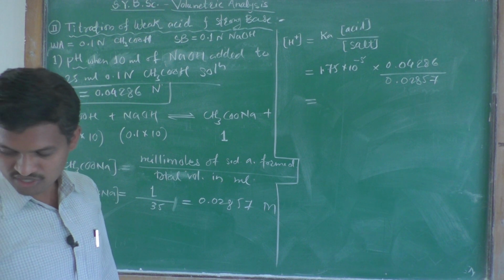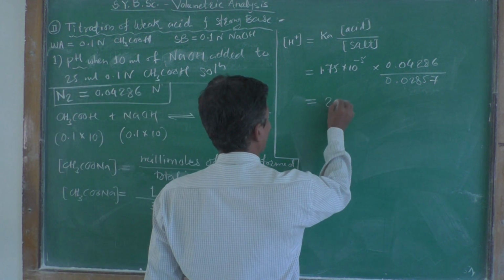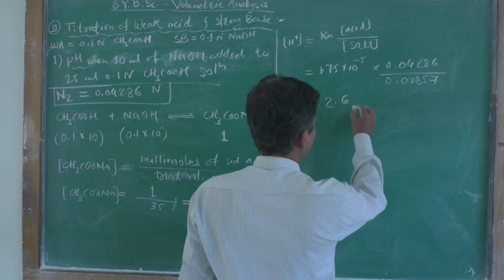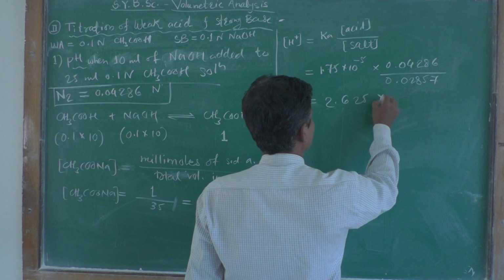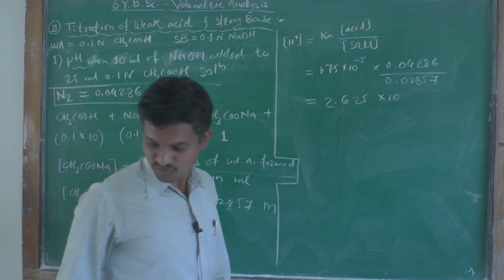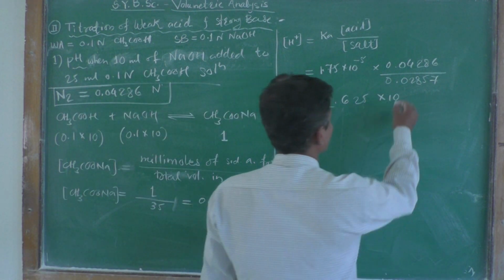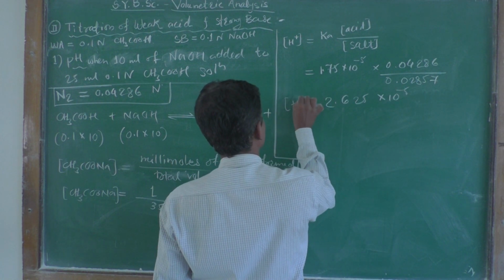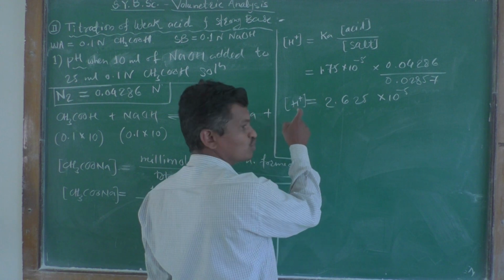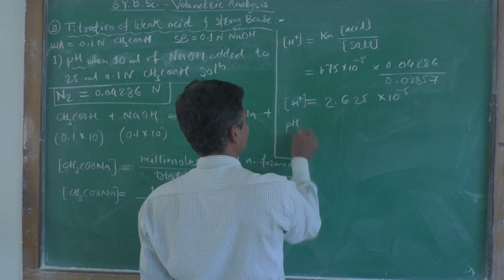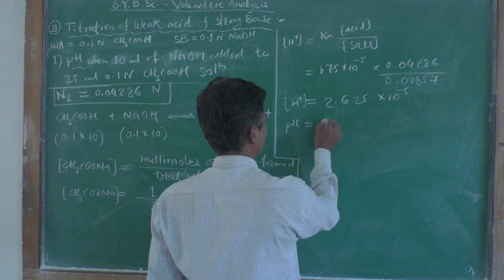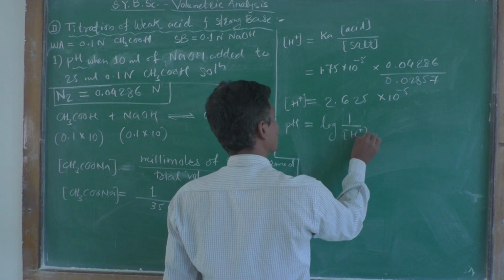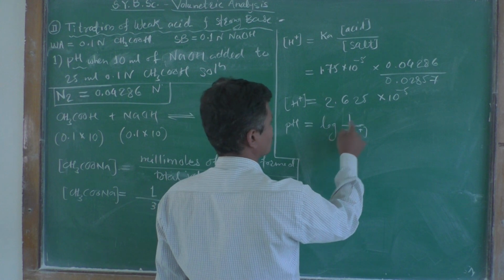Okay, so when you solve this sum, a multiplication of 2 to 3 numbers and a division, the H plus ion concentration becomes 2.625 into 10 raised to minus 5. So as we know the H plus ion concentration, we can easily calculate the pH of the solution. pH is equal to negative log to the base 10 of H plus ion concentration.